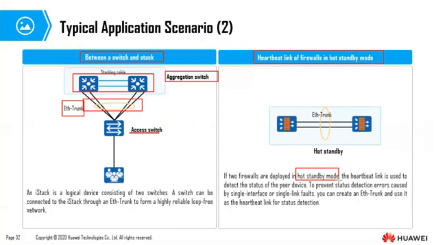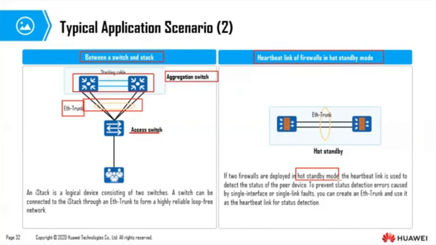The heartbeat link is used to detect the status of the peer device. So to prevent status detection errors caused by single interface or single link faults, you can create an Ethernet trunk and use it as the heartbeat link for status detection.